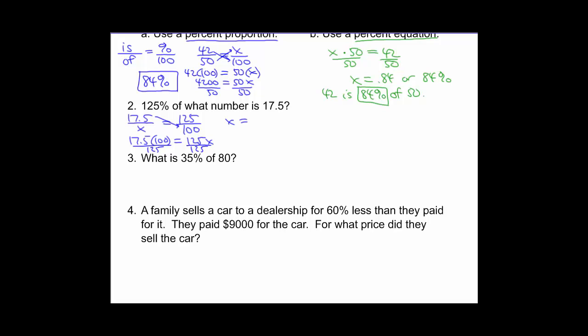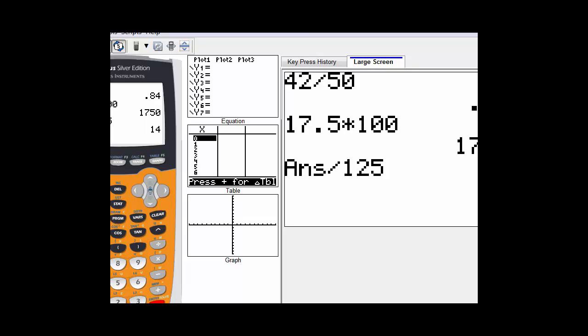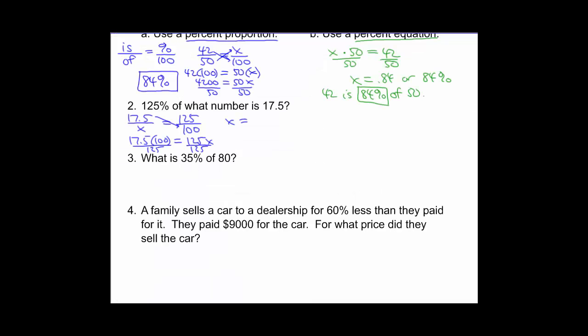So x will be equal to 17.5 times 100 divided by 125. So I'm going to grab my calculator and I'm going to do 17.5 times 100, and then I'm going to get that answer and divide by 125. And that gives me an answer of 14. So that means x equals 14.